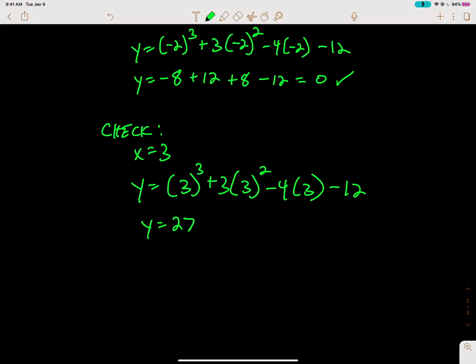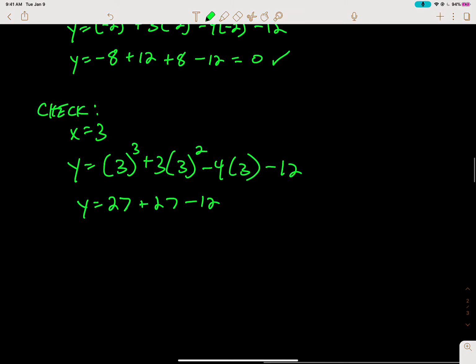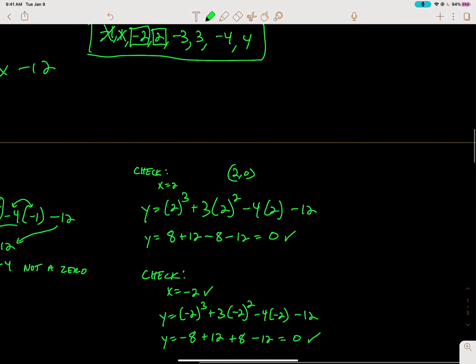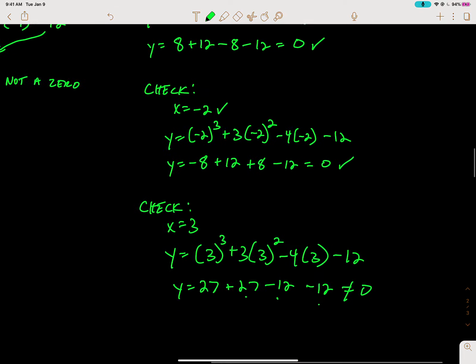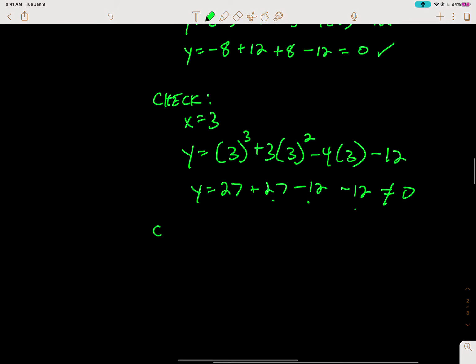This part is -12. This is 27 plus 27 minus 12 minus 12. That does not equal 0. I'm not going to work out what it does equal because I just want ones that equal 0. So +3 is not a 0. We have to carry on. Let's check -3.